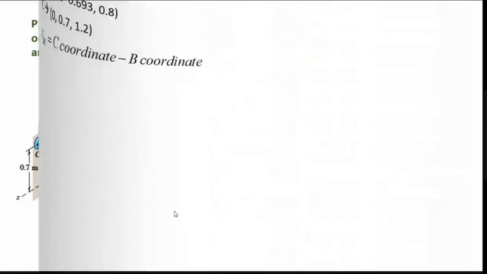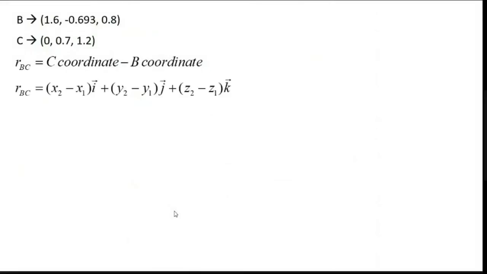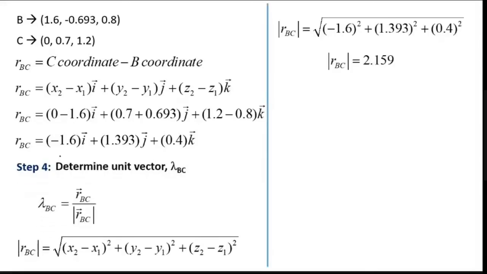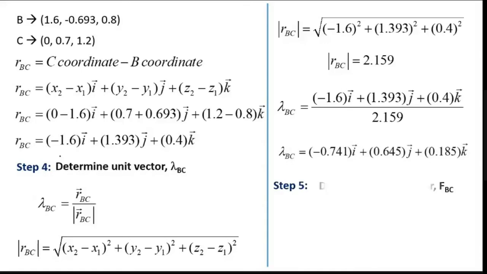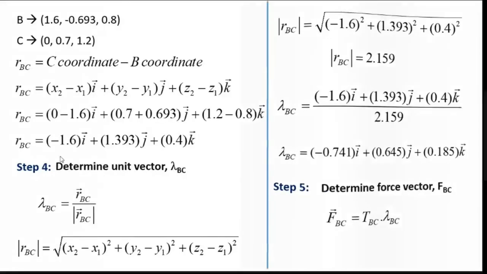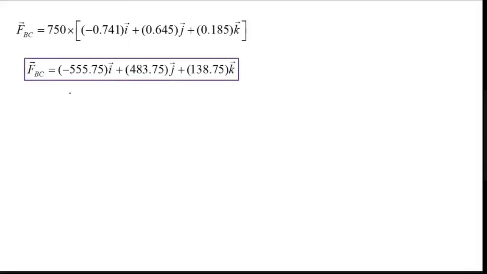You can substitute it, then RBC, and you will get the overall value. Then your unit vector, multiplied with 750, gives the force vector. This is your Fx, this is your Fy, and this is your Fz. That is what the question is.